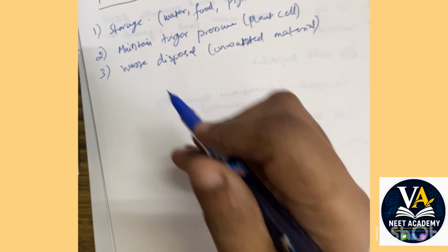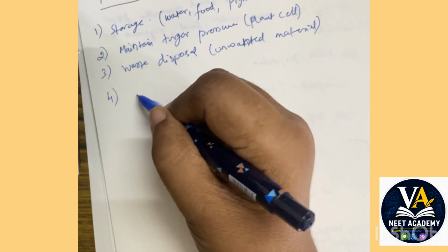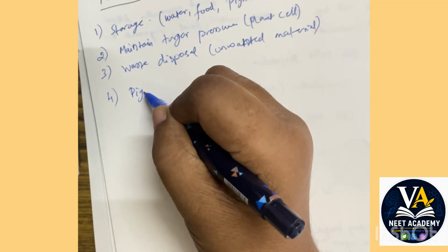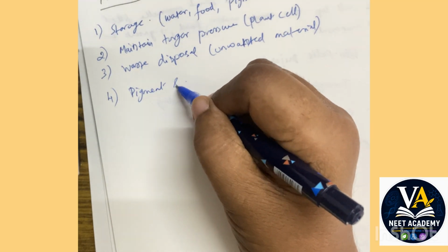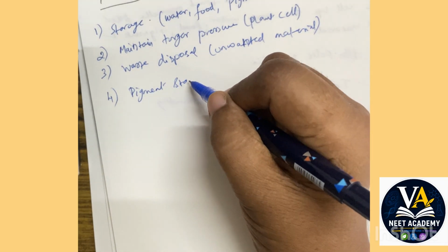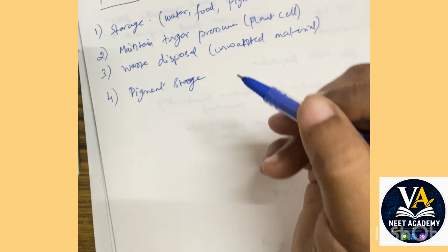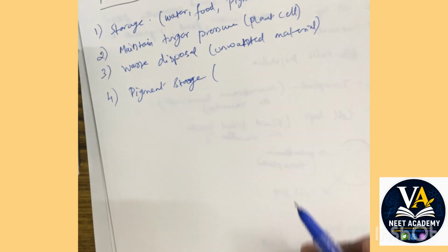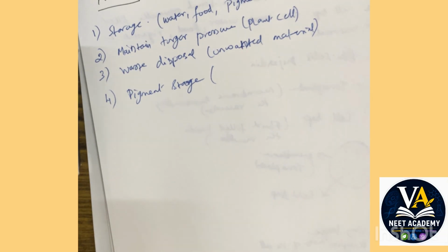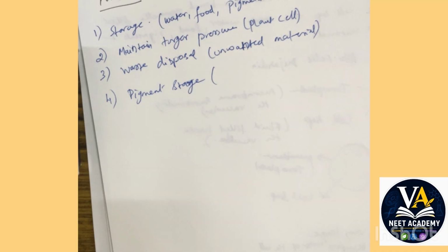The fourth function you can say is pigment storage. Now you may have a doubt here, because in our previous video we talked about plastids, and one of the plastids, that is chromoplast, was the one which was responsible for coloring of fruits and flowers, isn't it?